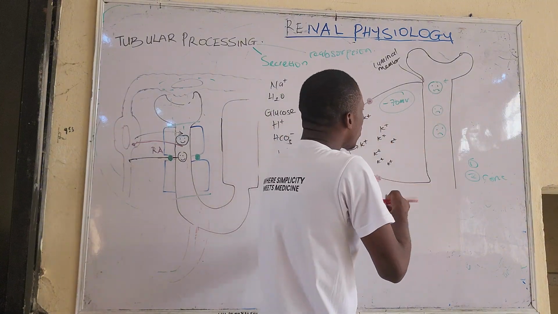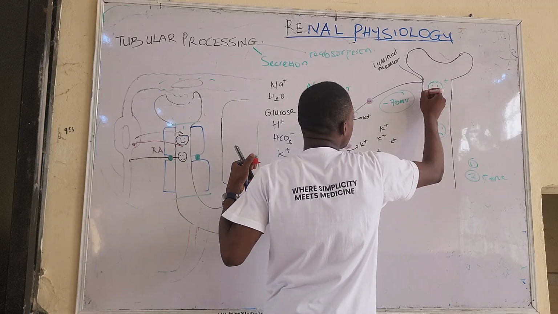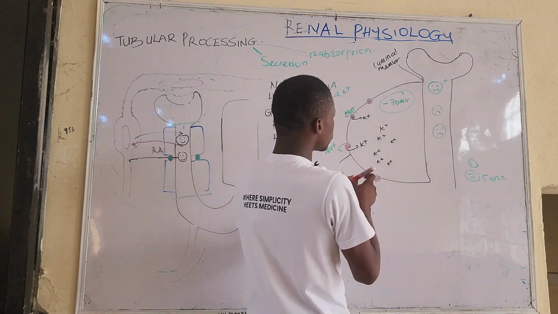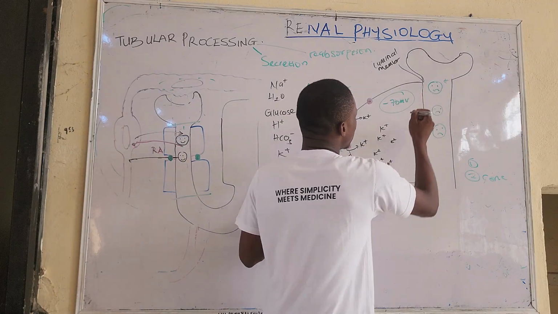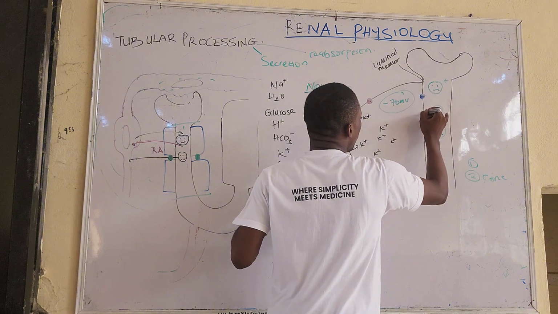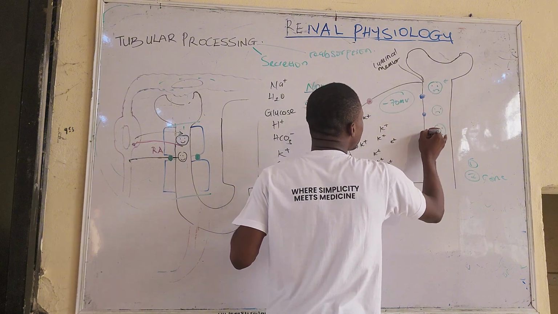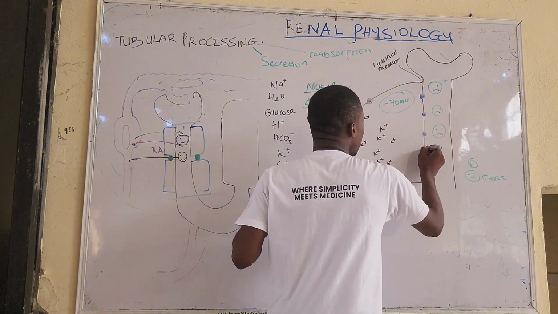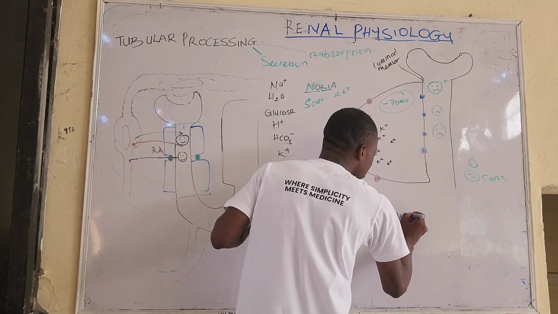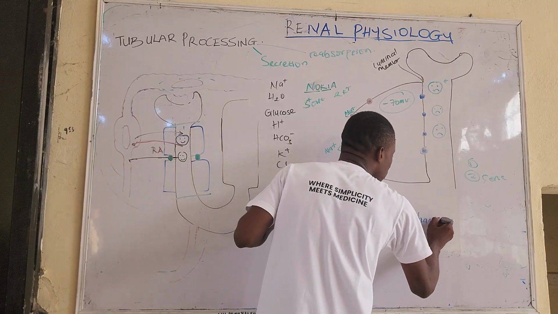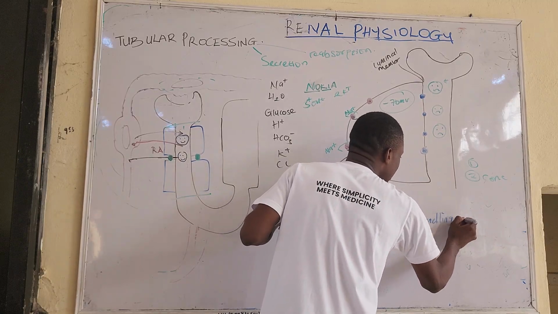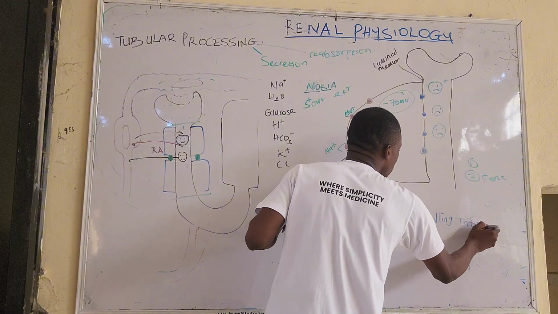So there will be something on this luminal membrane. Let's use the color blue. There will be something on this luminal membrane. We call it the sodium handling protein. Sodium handling protein. That protein will facilitate its absorption.